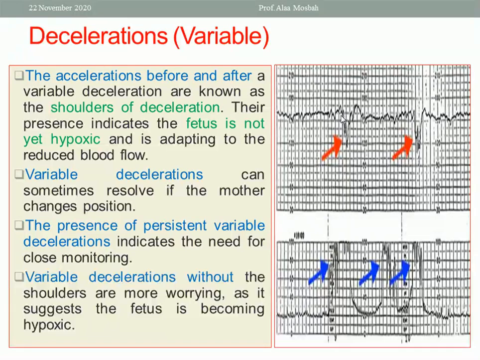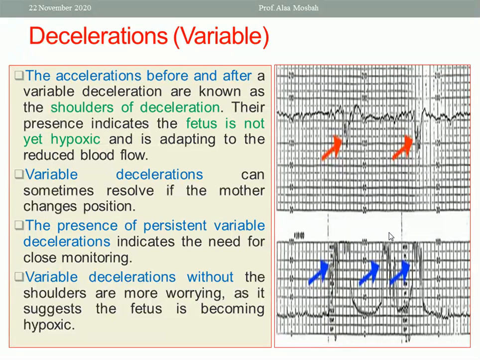What about variable deceleration? Variable deceleration can sometimes resolve if the mother changes position, maybe because the pressure on the cord is released. The presence of persistent variable deceleration indicates the need for close monitoring.